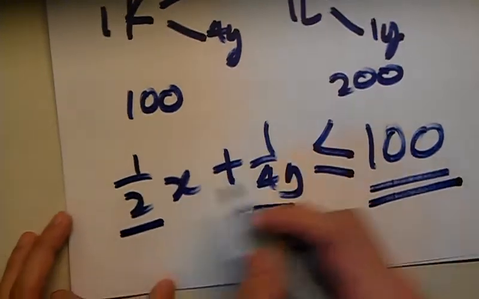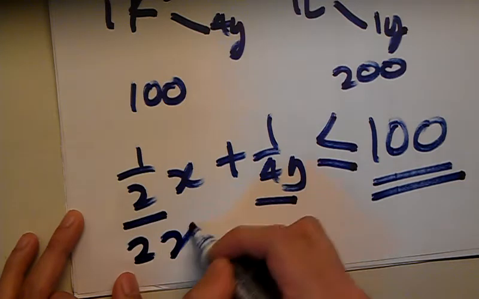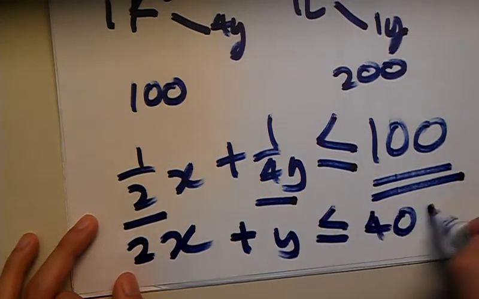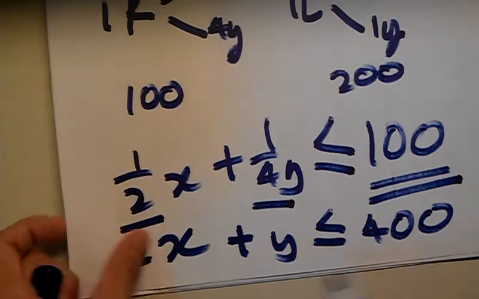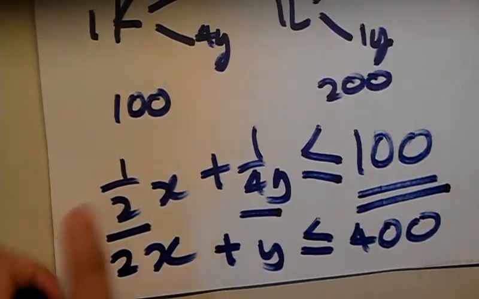Once you remove the denominators by multiplying everything by 4, we have this equation, and it should look very familiar. You just bring x to the other side and you get y equals mx plus c. Then you can start to draw your lines on the graph, like how we learn in maths.